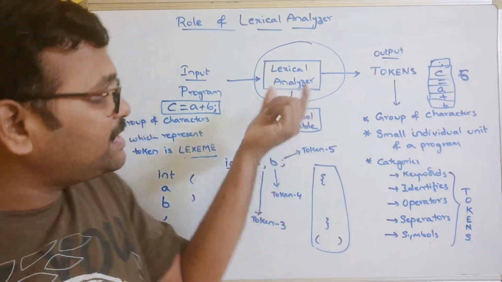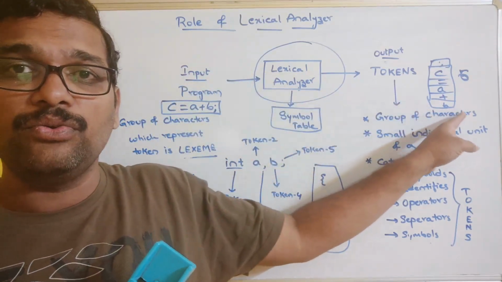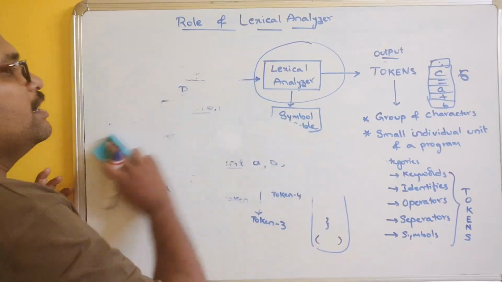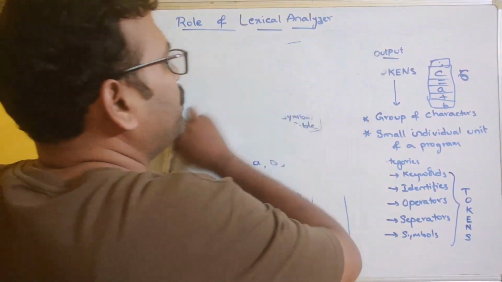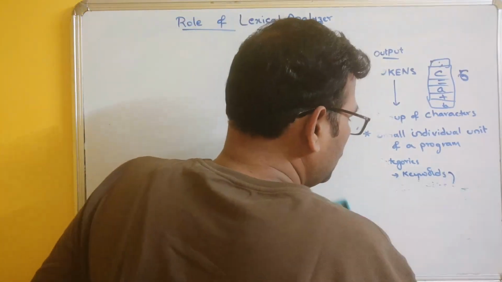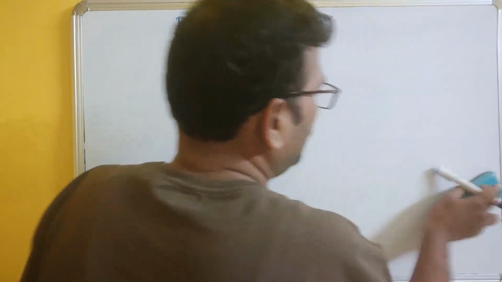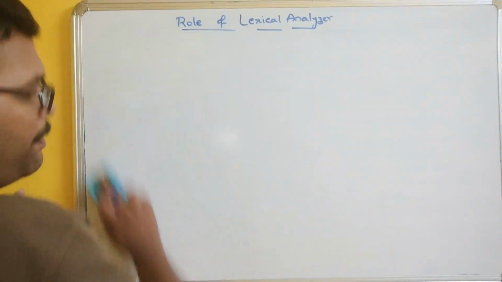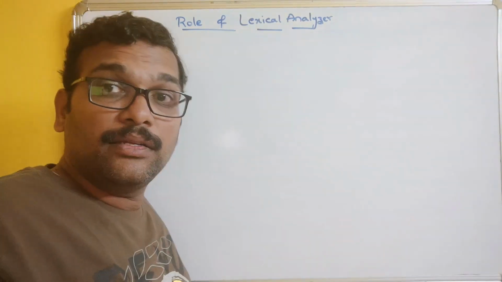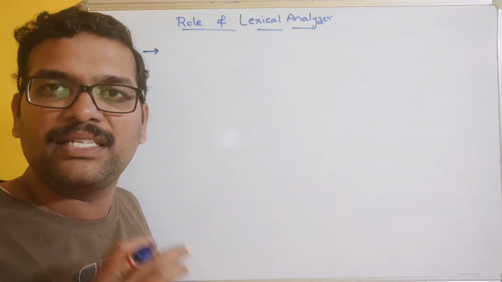And what happens in this lexical analyzer? How will the instruction be converted into tokens? We'll see that one by one. The first thing is giving a program, that means a sentence or an instruction given to the compiler. The first role is it will remove all the comments and the white spaces in the program.